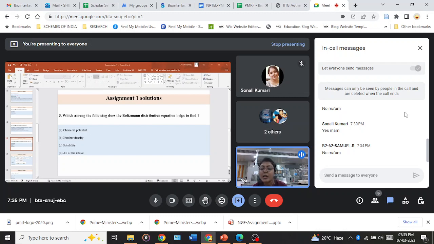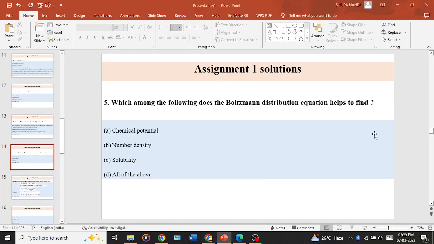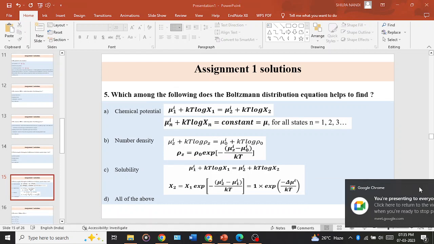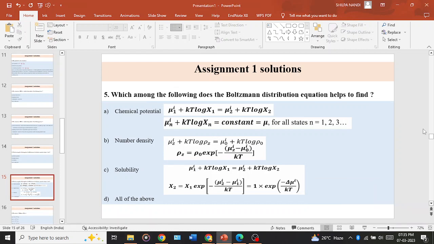Using the Boltzmann distribution equation, we can find the chemical potential as well as the number density and also the solubility. So let's see how we can find this. You might have seen that the Boltzmann distribution equation is mu plus kT log x1 is equal to mu2 plus kT log x2. In case of chemical potential, mu is the chemical potential here.